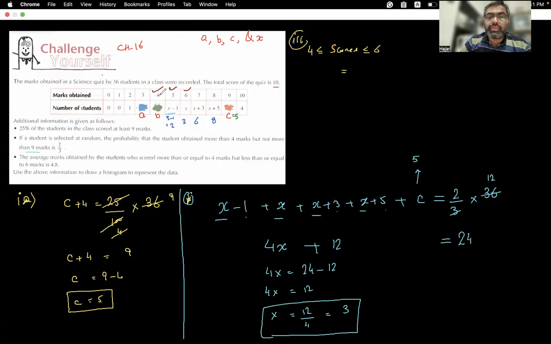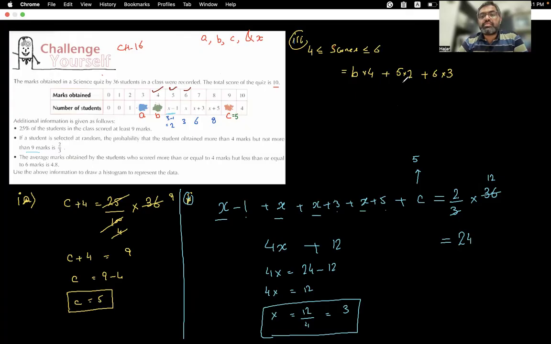How many students got 4 marks? B is unknown to us, so we just write B times 4, plus how many students got 5 marks? 5 times x minus 1, which is 2, so 5 times 2. How many students have got 6 marks? 6 times x, or 6 times 3, because the value of x is already 3.